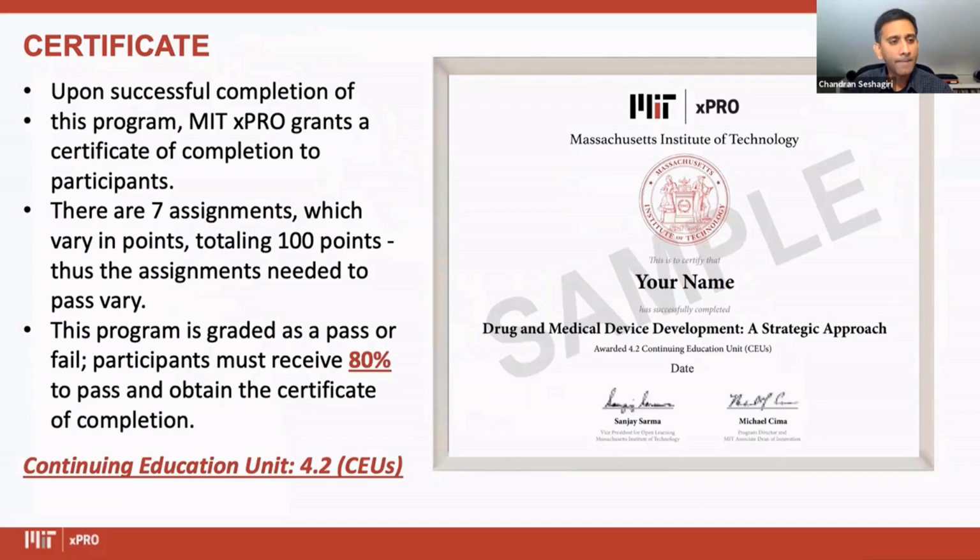So I think, thank you first of all for that whole overview. I think you just alluded to the fact that at the end of the course, you'll get this certificate of completion that you can put on your LinkedIn page. As Professor Sima mentioned, it's based on the assignments, which total up to 100 points. You need to get an 80 out of 100 in order to obtain the certificate of completion.